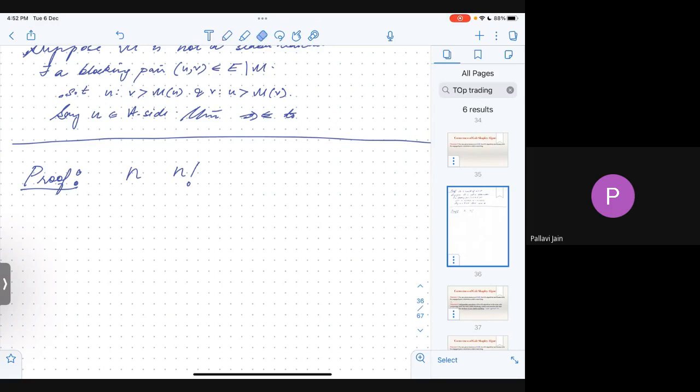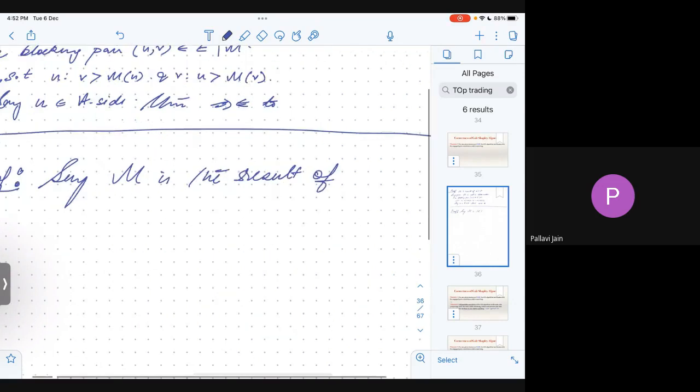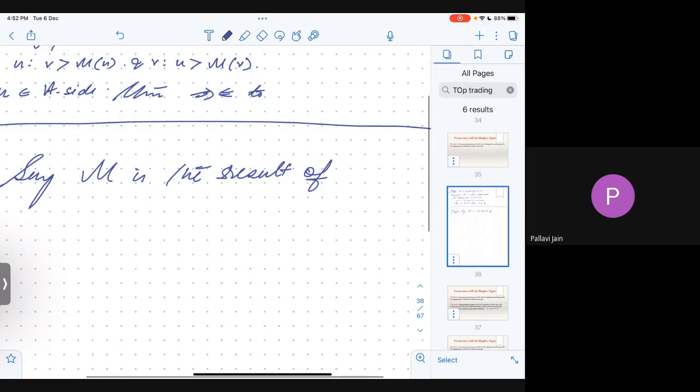Again, suppose M is the result of this Gale-Shapley algorithm.